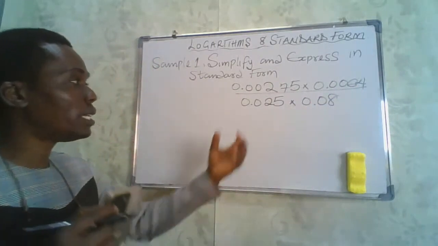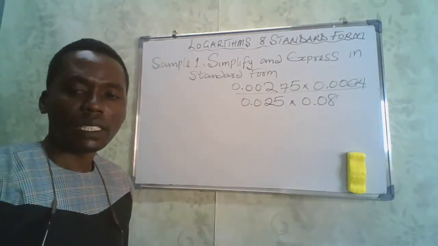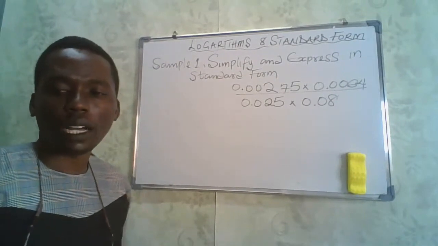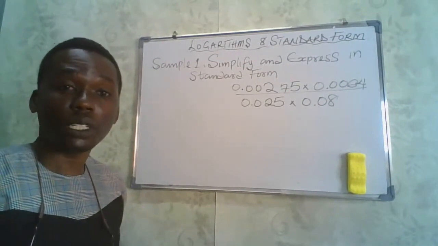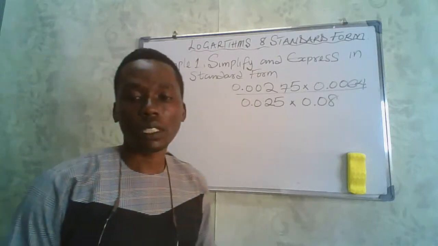So I want you to look at this question, try it, and then let us see your answer in the comment section. It's very easy as long as you can easily play around with it.